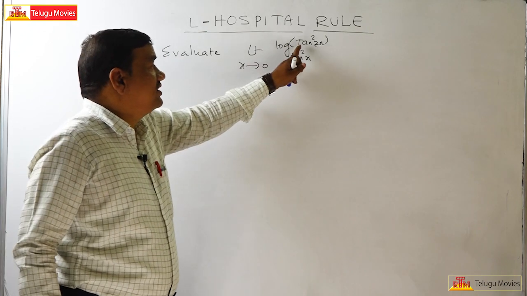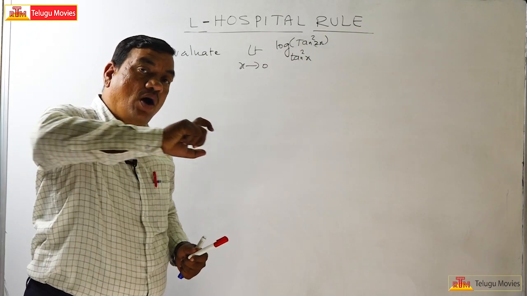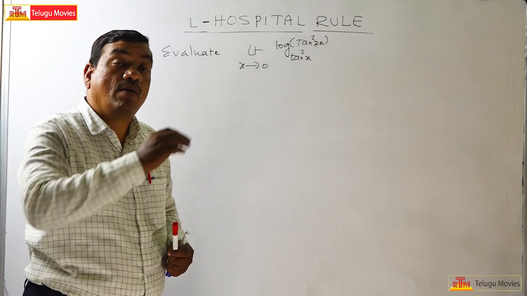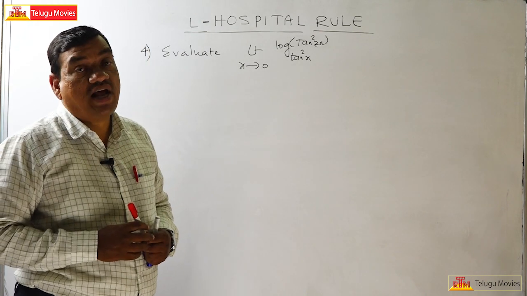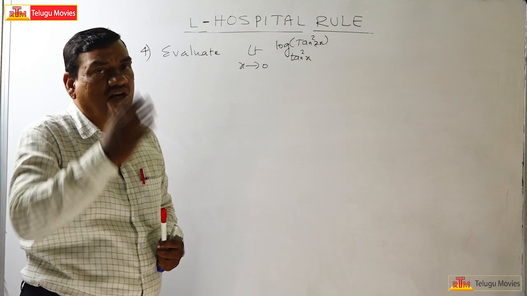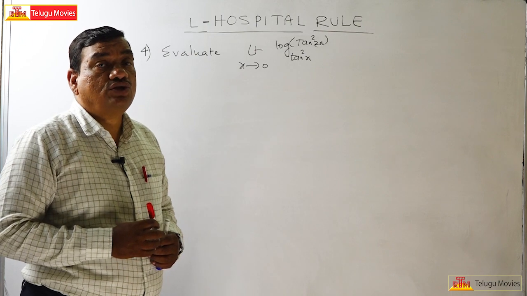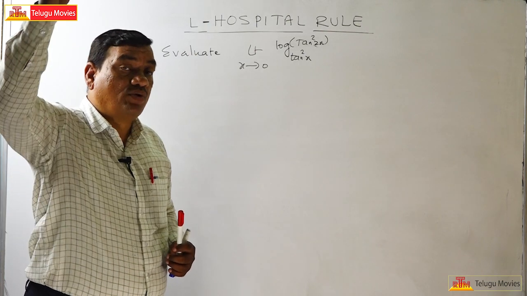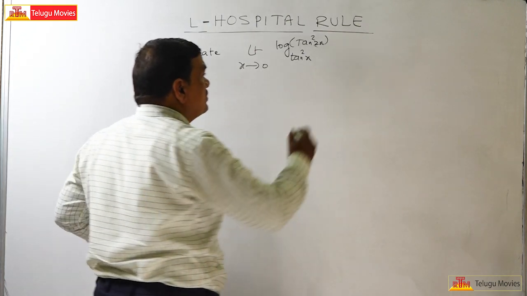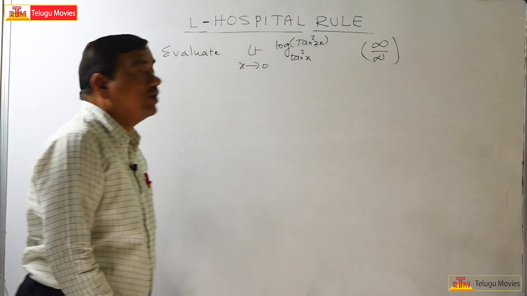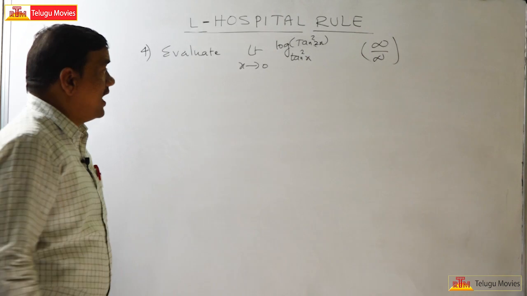So tan square 2x value approaches 0, therefore the log value approaches infinity. See the graph of the logarithmic function: as the x value approaches 0, the logarithmic function value approaches infinity. So this is of the form infinity by infinity, and we can apply the L'Hopital rule.